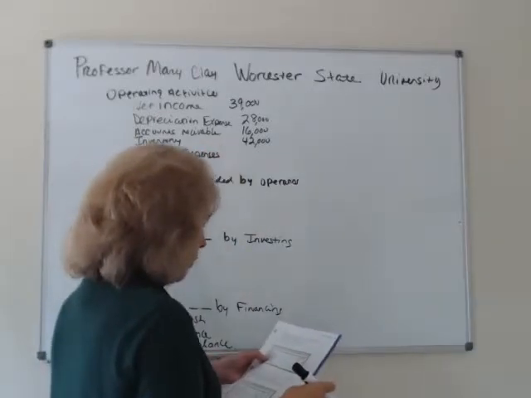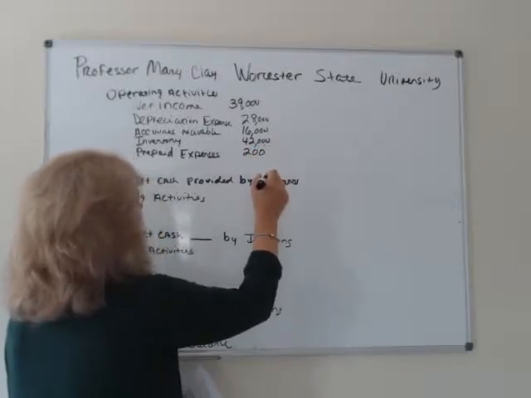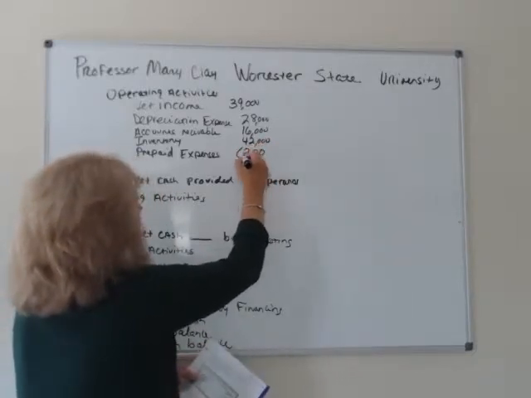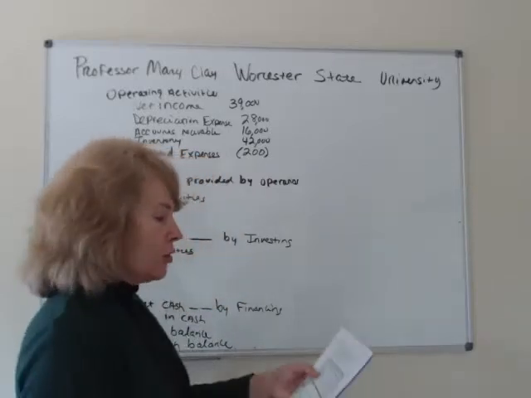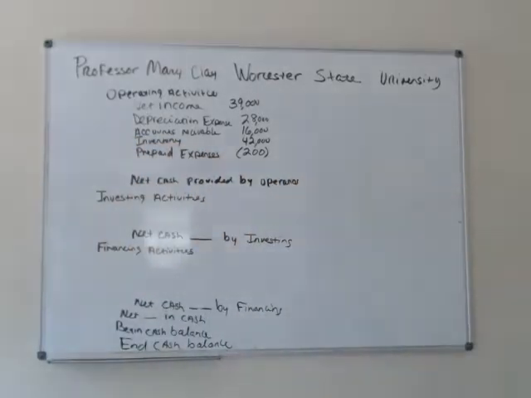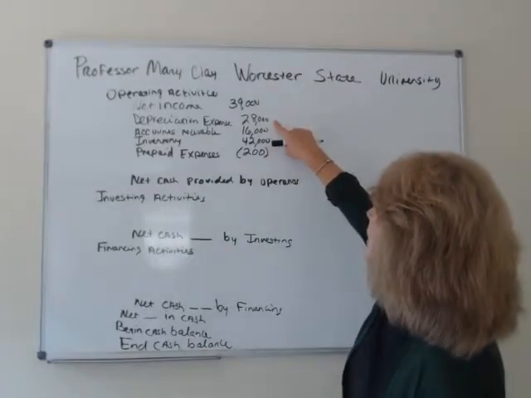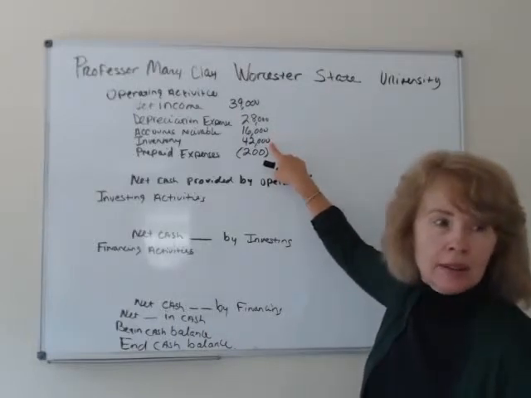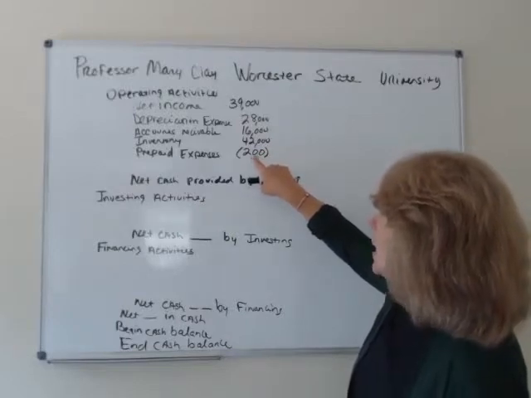No, I'm sorry. Prepaid expenses increased, I'm going to show negative, right? Because it's not logical. All right, so now I'm going to take 39,000 and add in 28,000, add in 16,000, add in 42,000, okay? And then I'm going to subtract my 200.